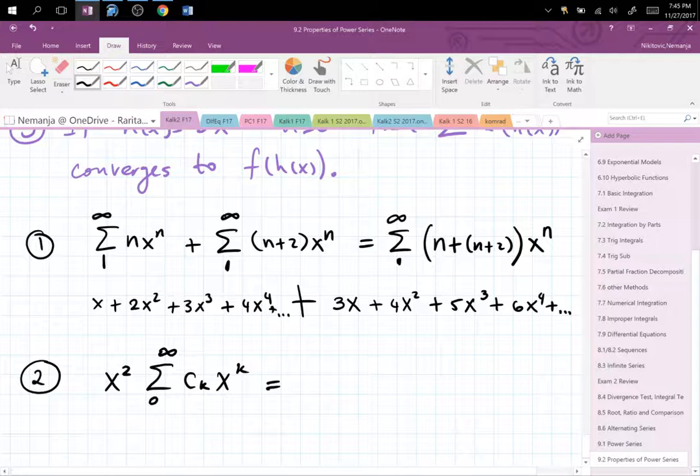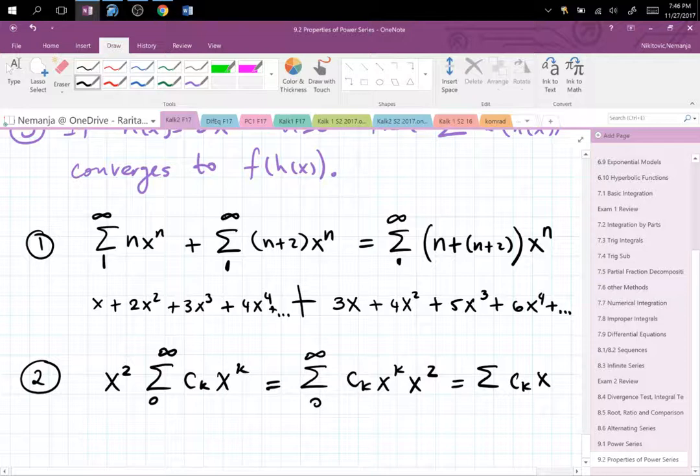So I can just bring this inside of the sum. Technically what I'm doing is distributing this x squared over every single term of the infinity of terms that are there. So it becomes summation 0 to infinity ck x to the k times x squared. And now just by using algebra, we get k plus 2.